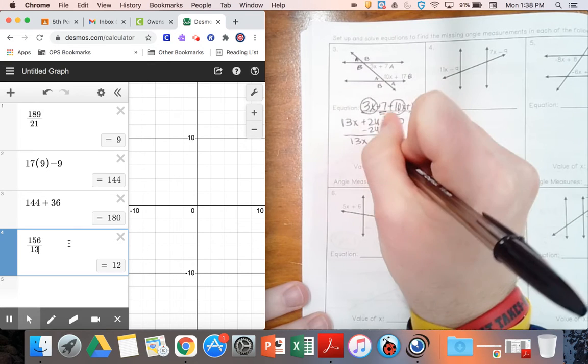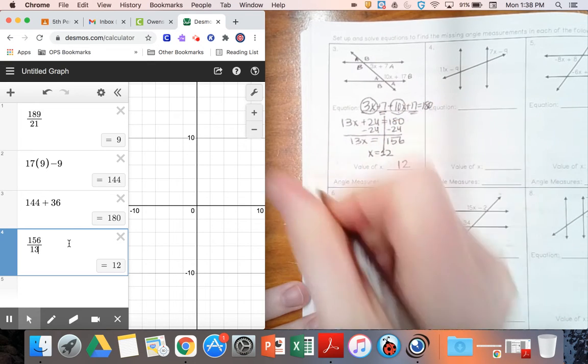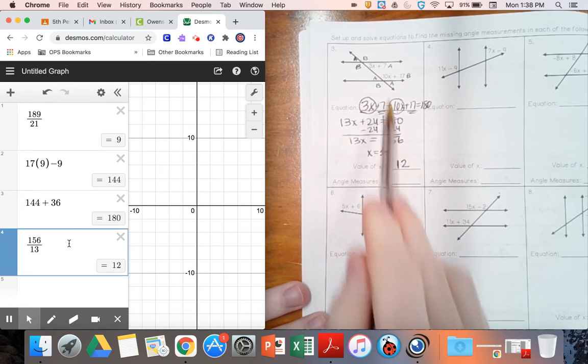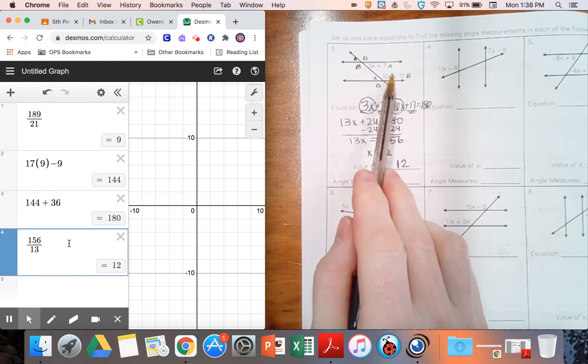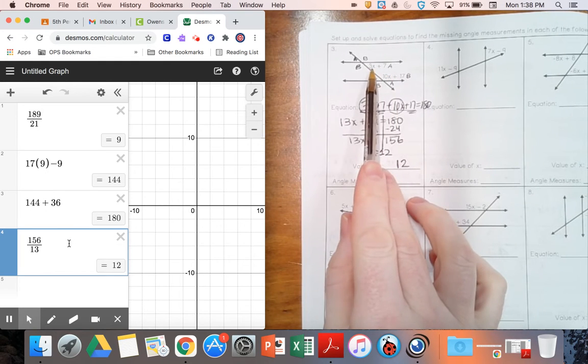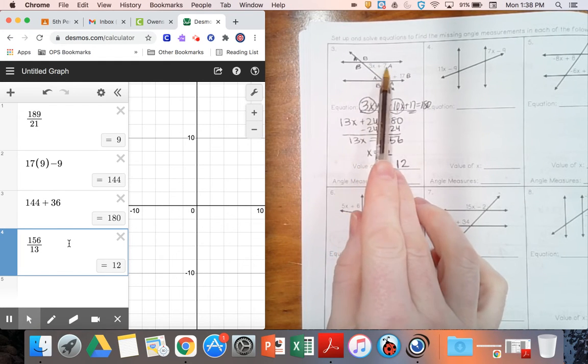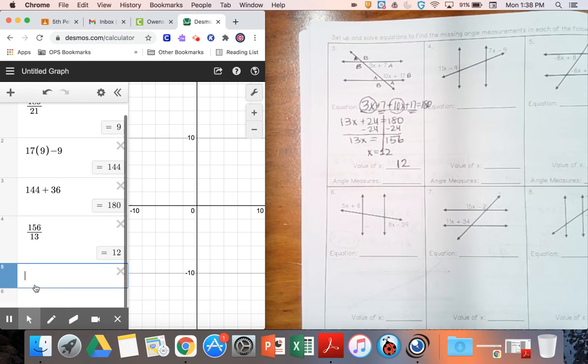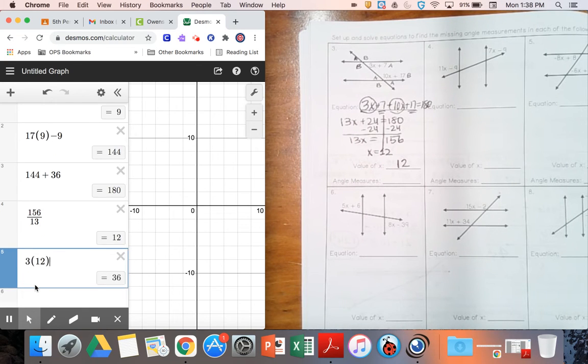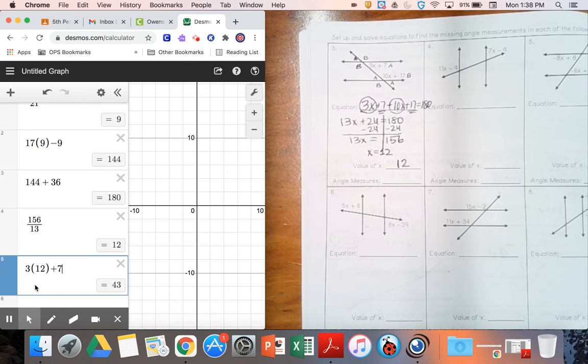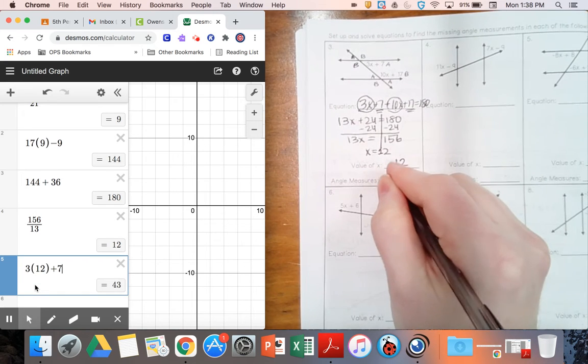Now I need to find the angle measures. I just take the 12 and put it into one of these equations. It doesn't matter. Let's put it in the top one here. So it's 3 times 12 plus 7. 3 times 12, there's my x, plus 7, I get 43.